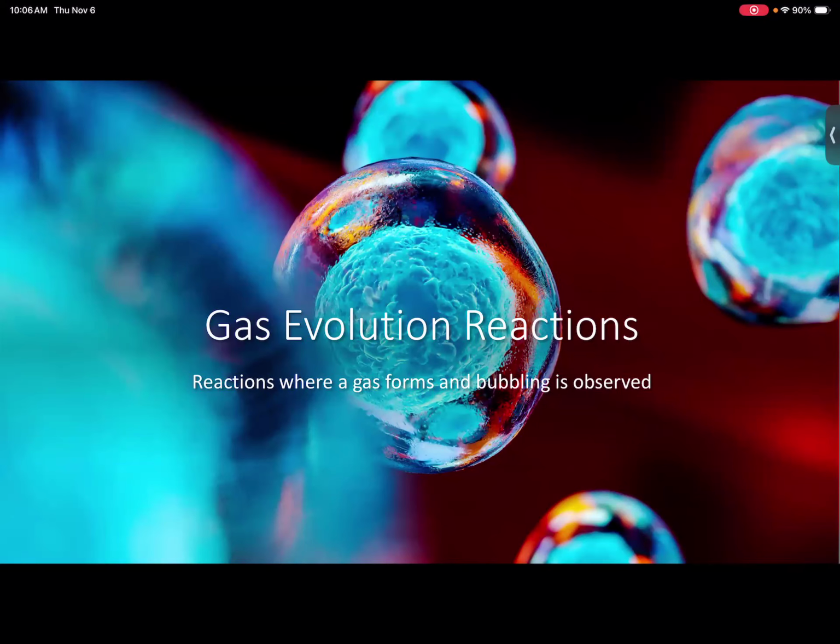One type of reaction that's in this chapter that we really don't get too much into, even though you did absorb it to some degree, is a gas evolution reaction. Gas evolution just means that a gas is a result of the reaction, meaning we're going to observe some bubbles when the reaction occurs.